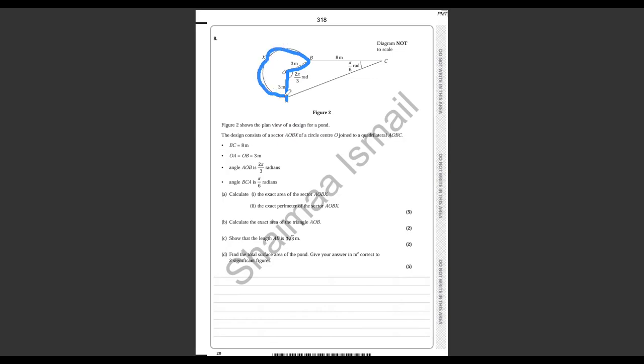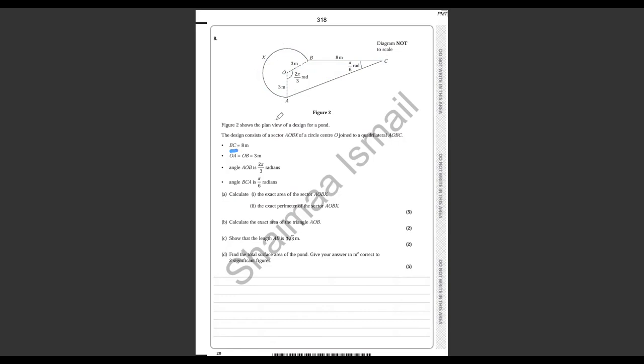Okay, and sector of a circle, joined to a quadrilateral, which is A, O, B, C. Okay, this is a very easy question, because it's a long question.